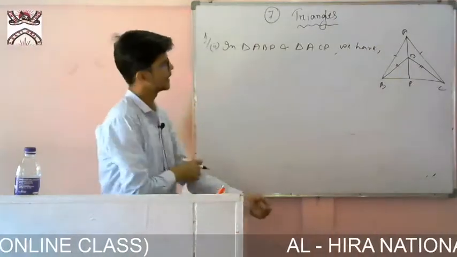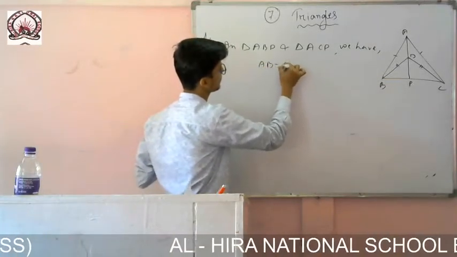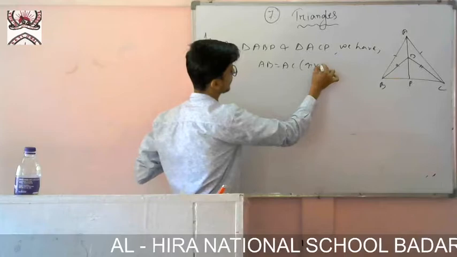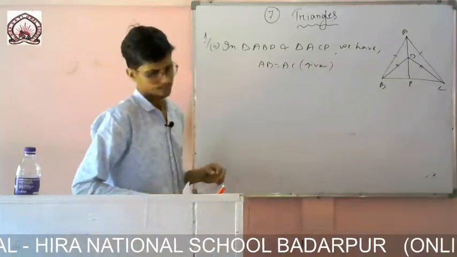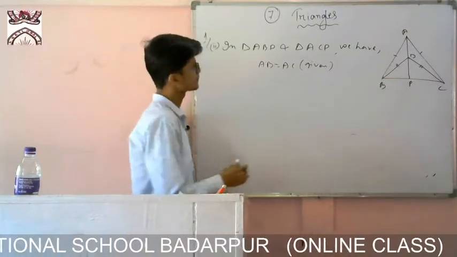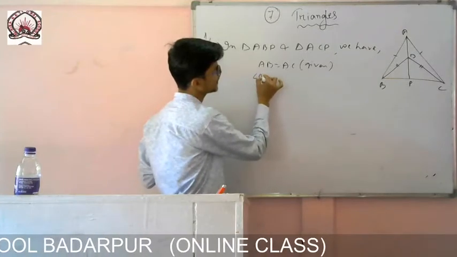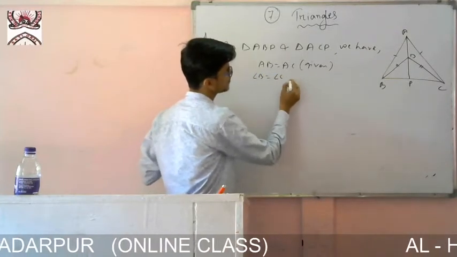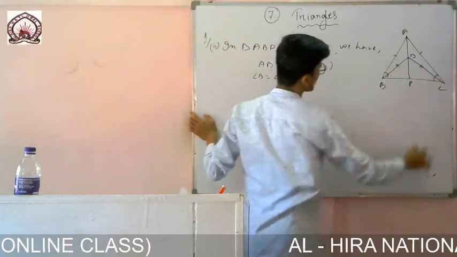AB is equal to AC. It is given. And I can write angle B equals angle C. You see here, AB is equal to AC, that means this angle is equal to that one.